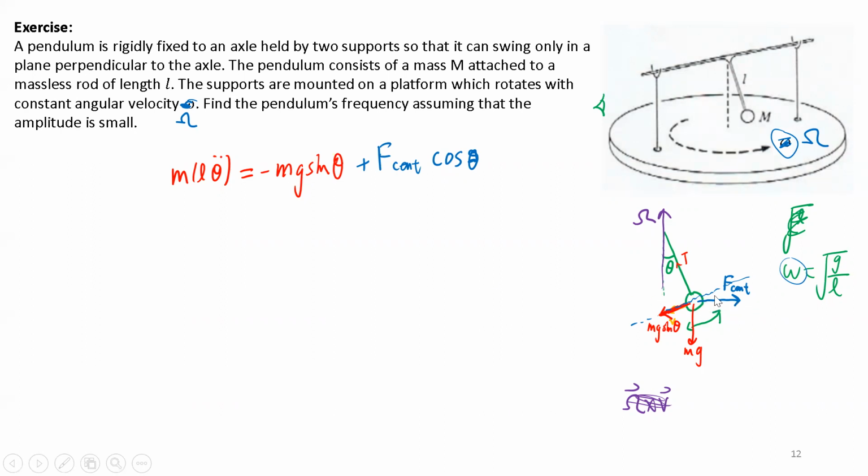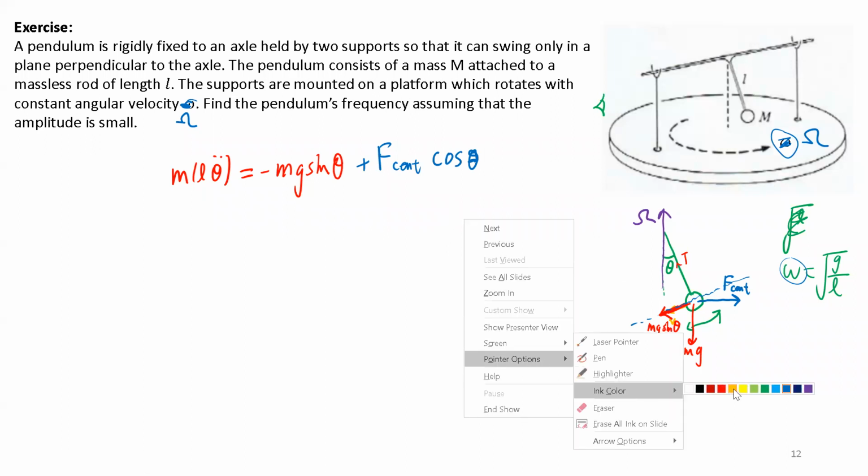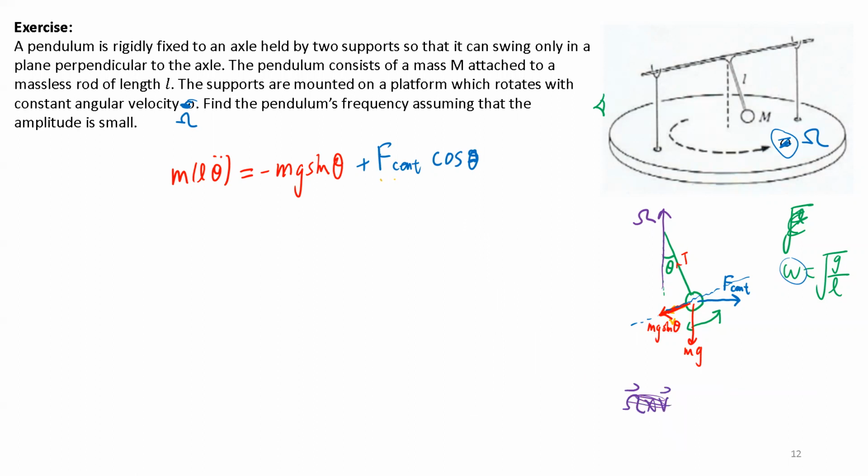So let me just write it here: omega cross R, and R is a vector pointing from the center of the rotating platform to the mass.